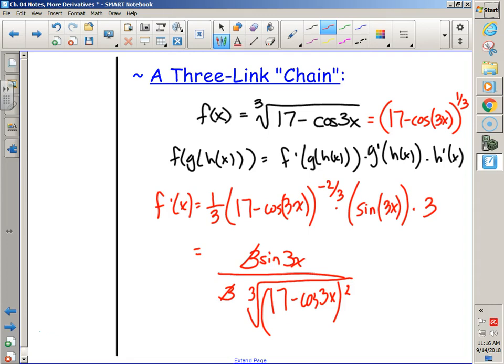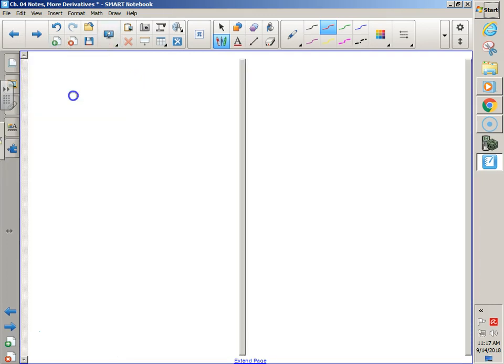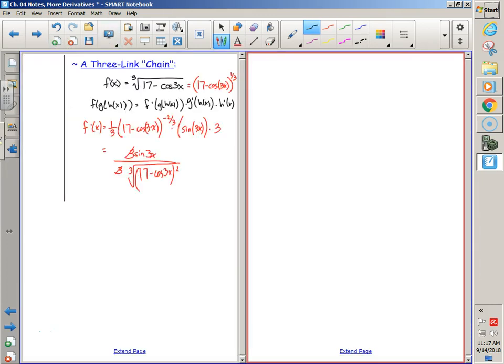My g of x for this one, if I was to write it out. Let me do a quick new page real fast. If we were doing it like the kids in Einstein Academy, we would do something like f of u is equal to, hold on, f is equal to u to the 1/3, u is equal to 17 minus cosine of v, v is equal to 3x.